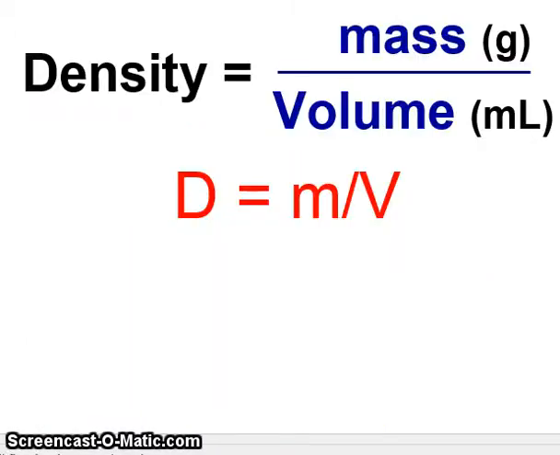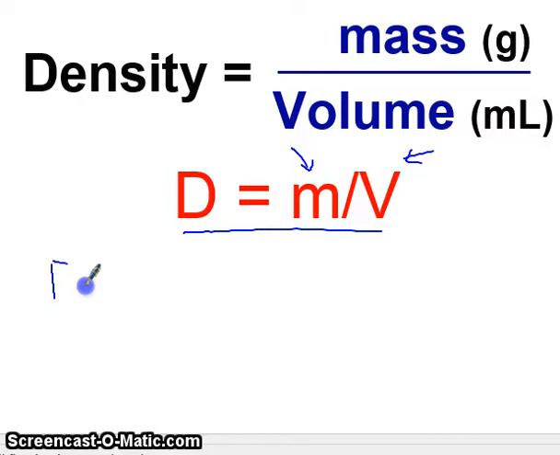Let's go ahead and give the definition for density. The definition is mass divided by volume. Very commonly, we represent it like this, as D equals M over V. Now, it's important to be able to rearrange the equation to solve for either the mass or the volume. You would have learned this in math or in algebra.